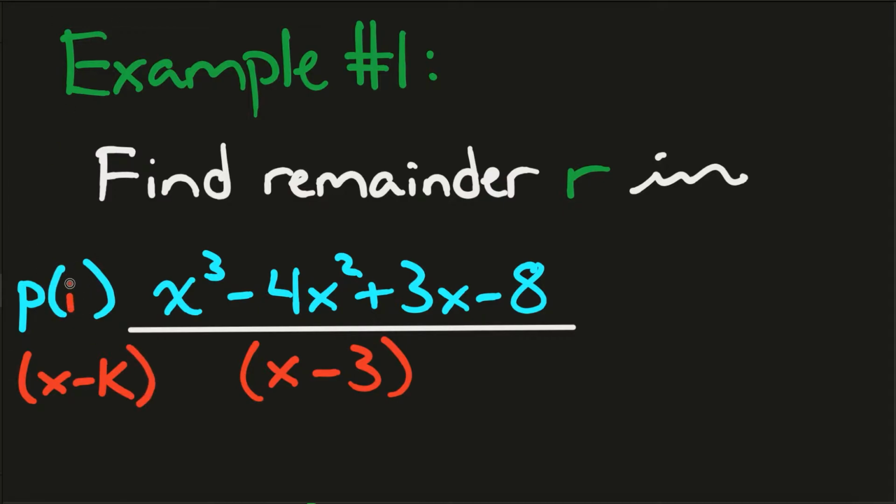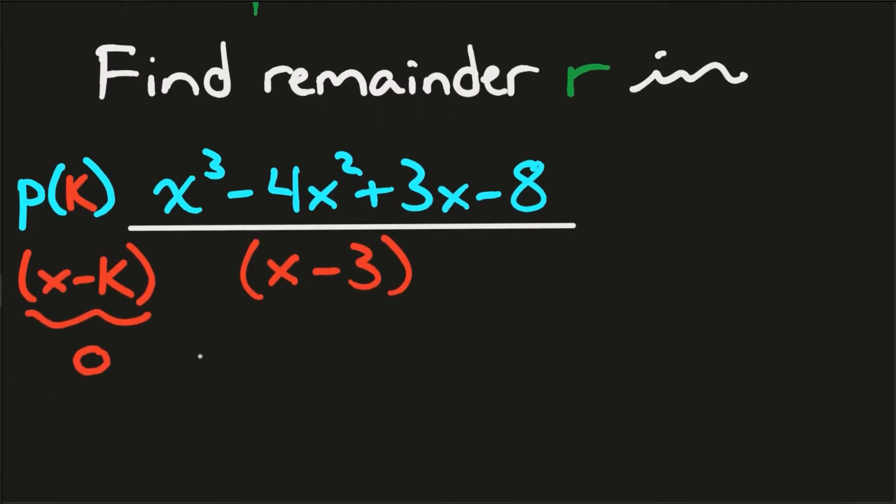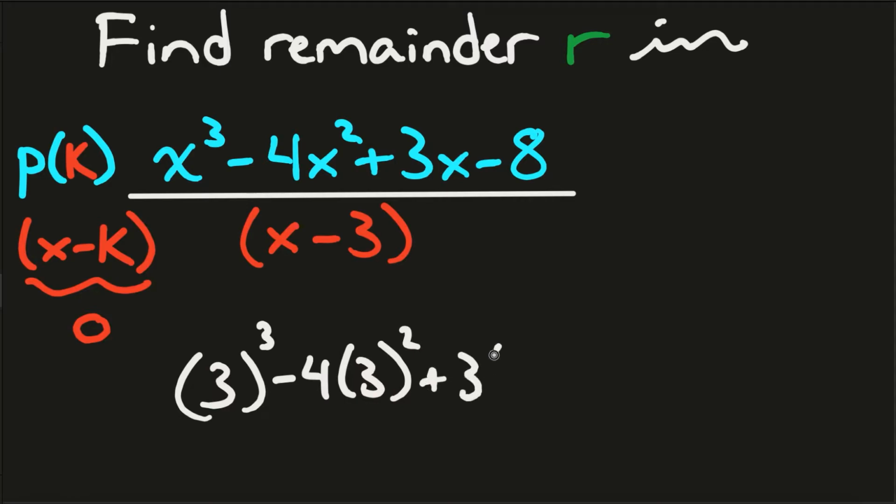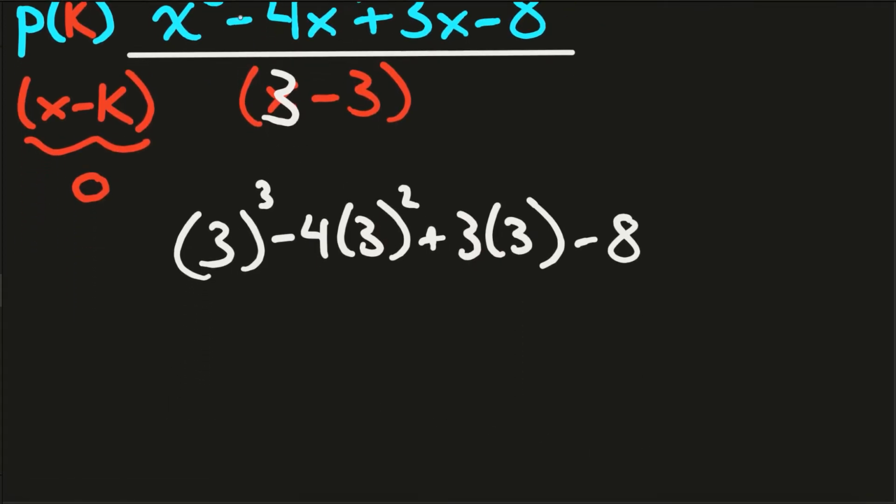Also remember that our goal is to substitute in k, which makes this value 0. So let's do that. 3 quantity cubed minus 4 times 3 quantity squared plus 3 times 3 minus 8. Notice how we substitute in 3. 3 would make this expression equal to 0, so that's why we apply it here.